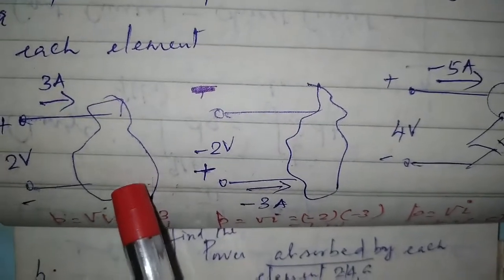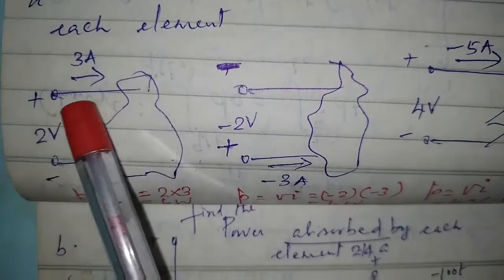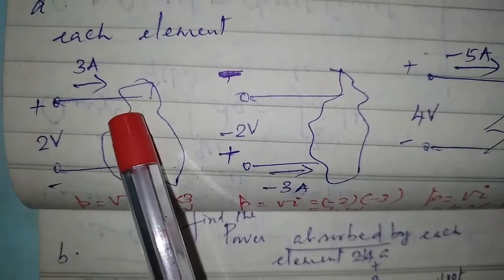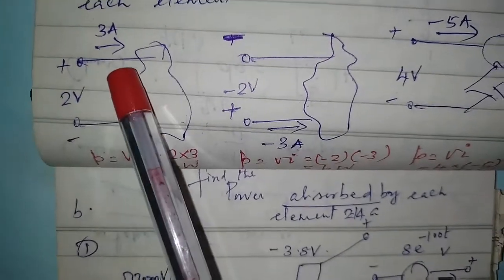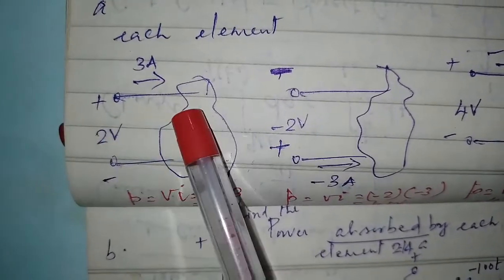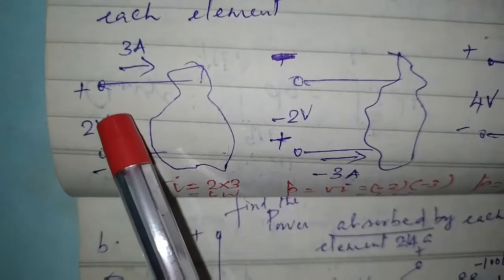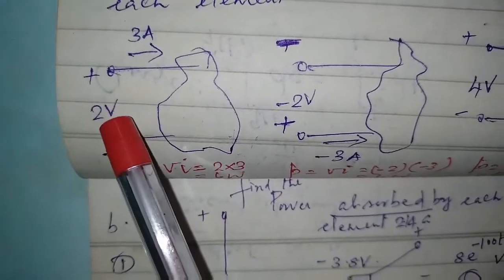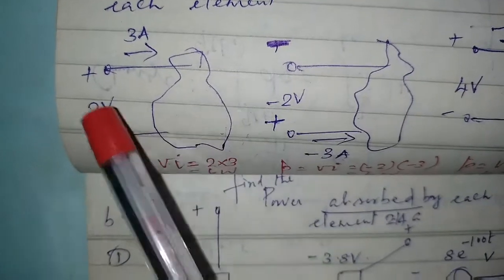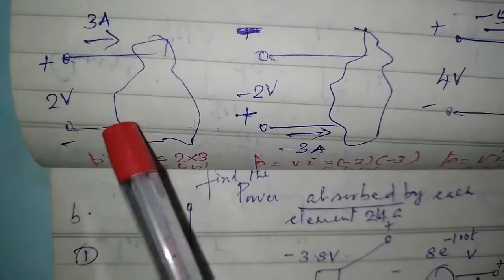Now, the first element is taking up a current of 3 amperes through the terminal marked positive, and a voltage of 2 volts is sitting across these two terminal pair.